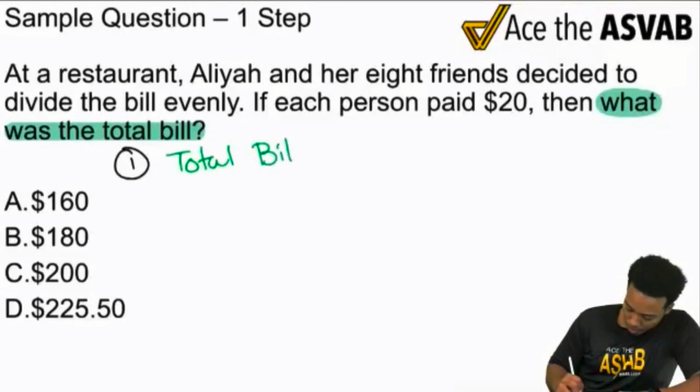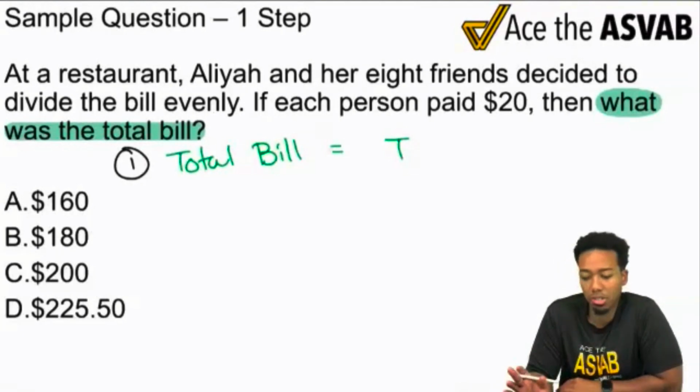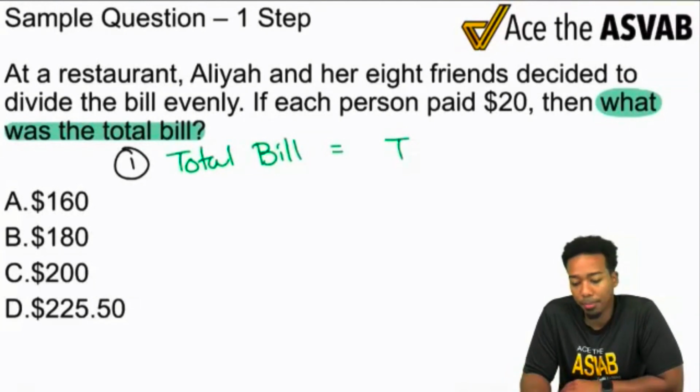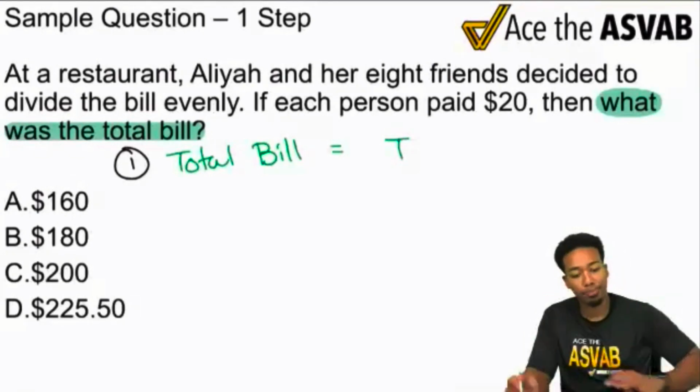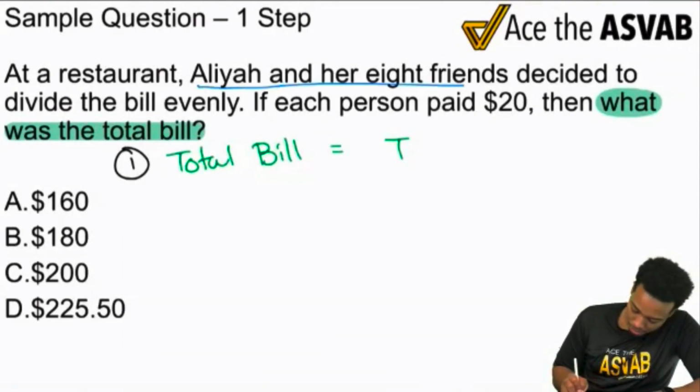Total bill, and we can say that equals T. Just to make things easy. Now, we're taking a look here. We're going to start reading the information. Let's see what we got. So we see that at a restaurant, Aaliyah and her 8 friends divide the bill evenly.